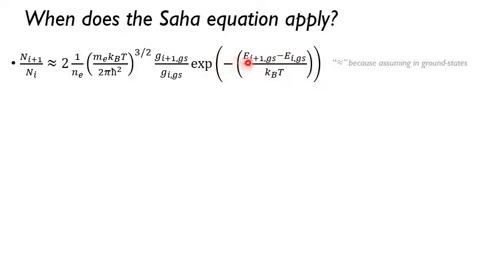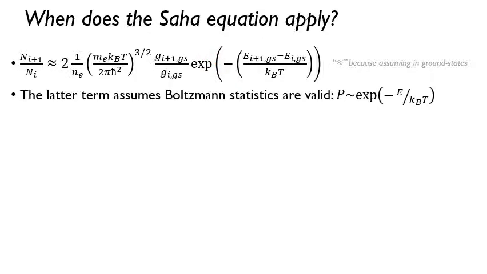And one thing you should keep in mind is that because you have a difference between these two energies in the exponent, that is mathematically equivalent to, and it comes from, in fact, the ratio of two exponents. What these exponents tell you is the probability of being in a particular state.